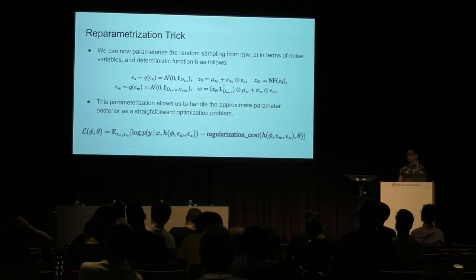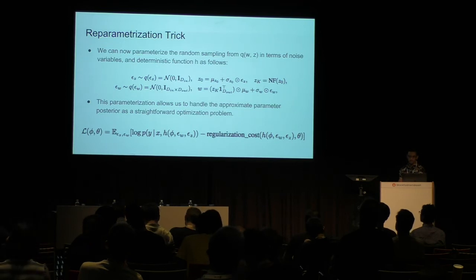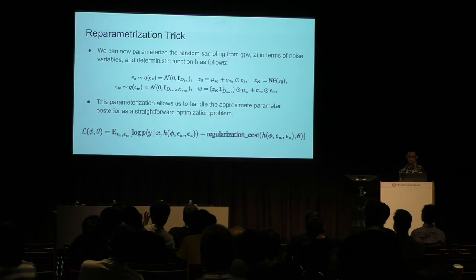To optimize the ELBO, we need to use the reparameterization trick. The idea is to parameterize the random sampling from the distributions over W and Z in terms of noise variables and a deterministic function. We sample a noise from a standard Gaussian, and then we apply the normalizing flow to obtain ZK.